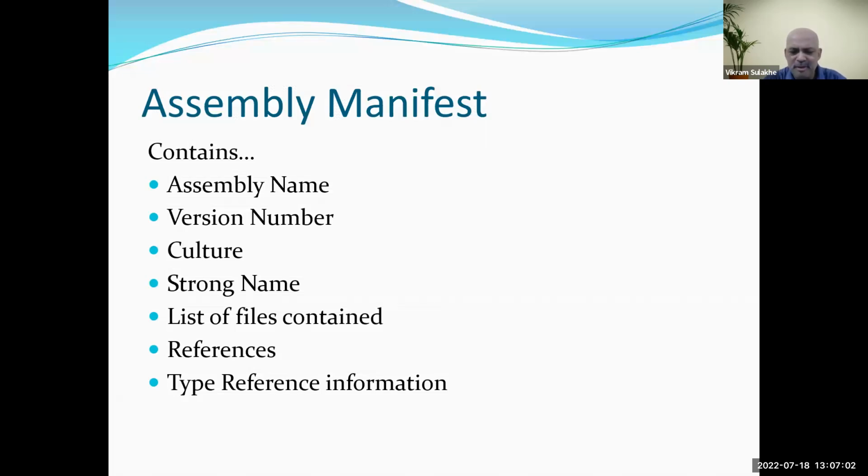And type reference. Type reference is any other type. Another word for type is a class. So what other classes are you using in here? So this is the assembly manifest. So basically, what is the assembly manifest? Details about the assembly. All the details that you need to know about the assembly are part of the manifest.